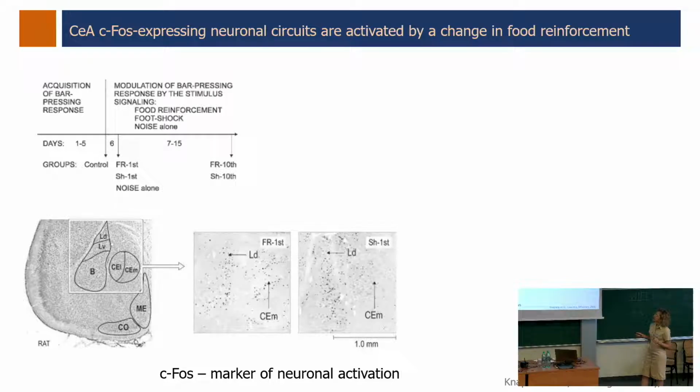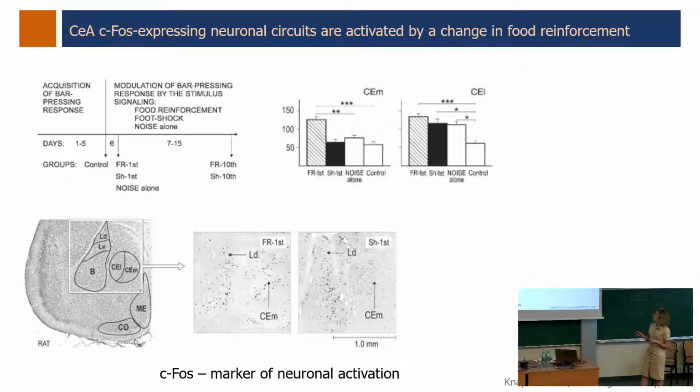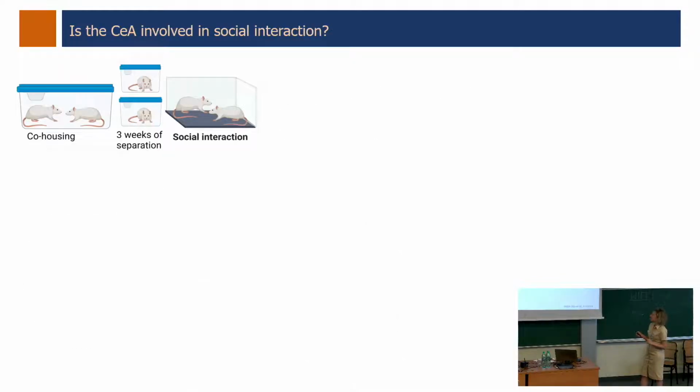CFOS is a protein, part of a transcription factor, which is expressed in the nuclei of neurons that are activated by some kind of stimulation, in this case by pressing the lever for food. And this expression was higher than in the control group and than in the group that received foot shocks. So we knew that we have a group of cells that express CFOS, and we can use this in the tools we applied in our study. I will show you in a moment what the tools are.